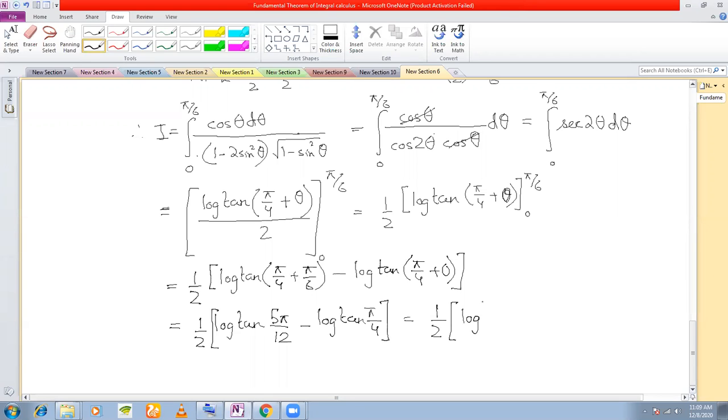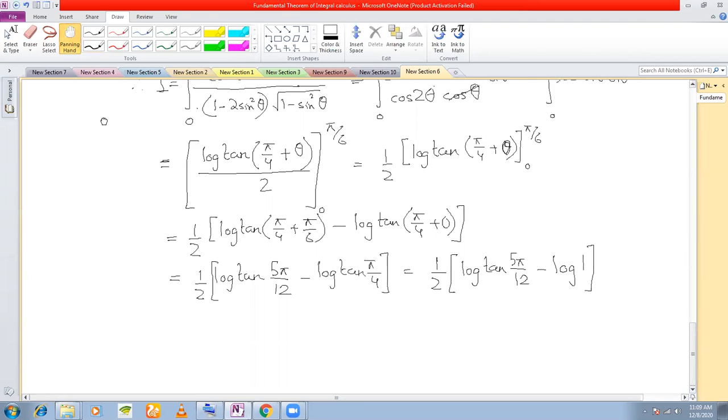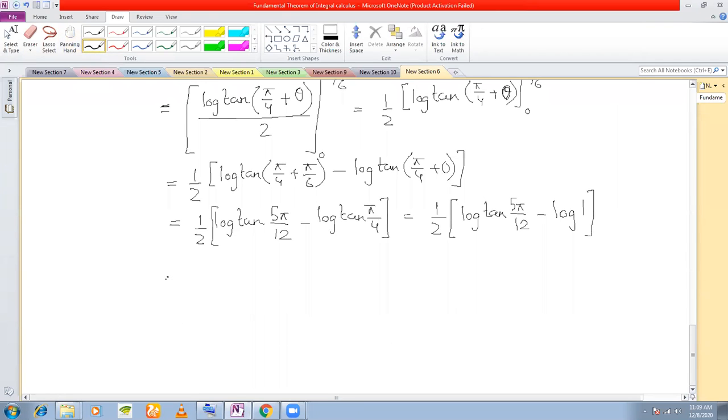So log tan 5 pi by 12 minus log 1. And you know log 1 is 0, isn't it? So this is half log tan 5 pi by 12 only.